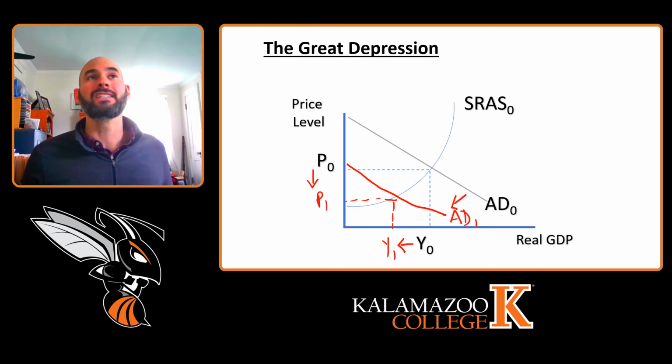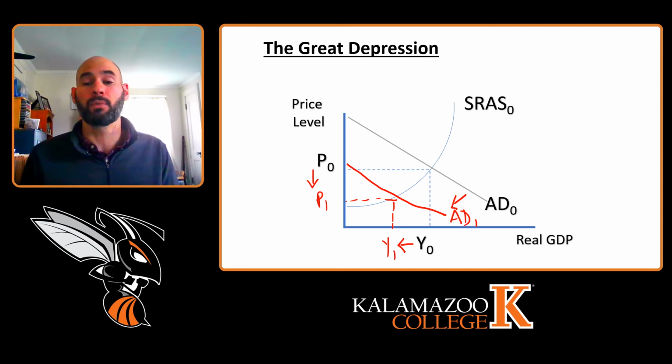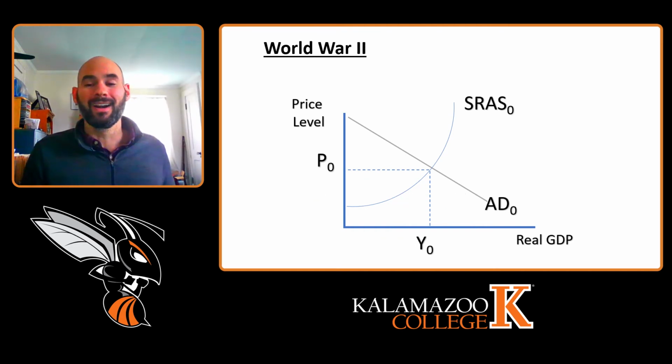However, it's hard to know whether these were the factors which got us out of the Great Depression or whether there was another factor which had more of a significant impact on aggregate demand, which was able to increase price levels and increase real output. And you all probably know where I'm going with this, but that shock to our economy, which increased aggregate demand, was the Second World War.